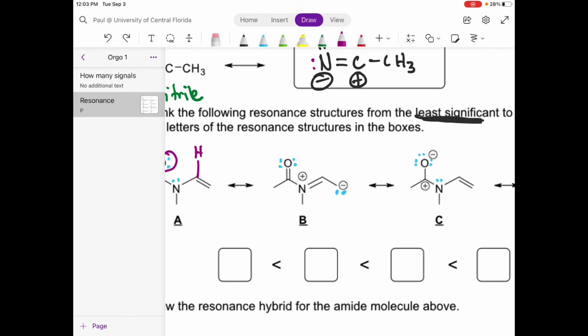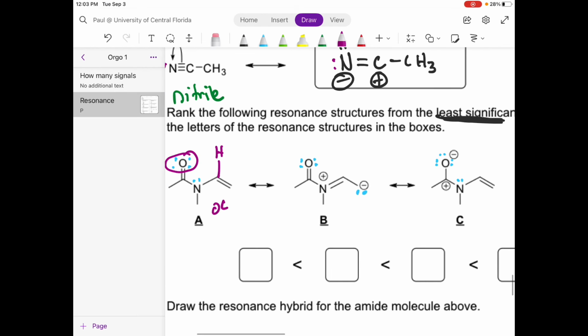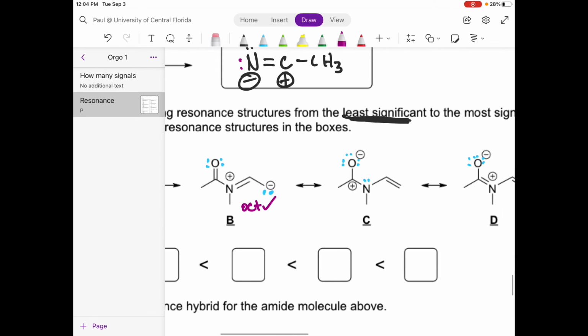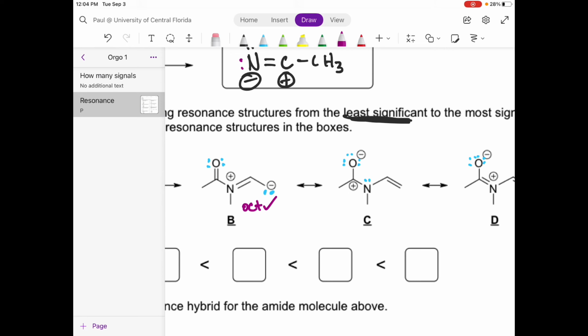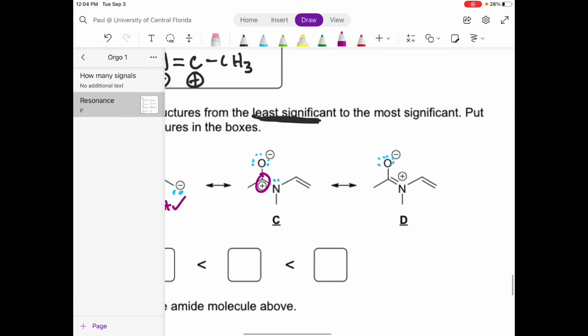B has an octet. So I'm going to just say octet, octet, check, check. No, this has a carbon that has no octet. And then D has an octet. Every atom has an octet.